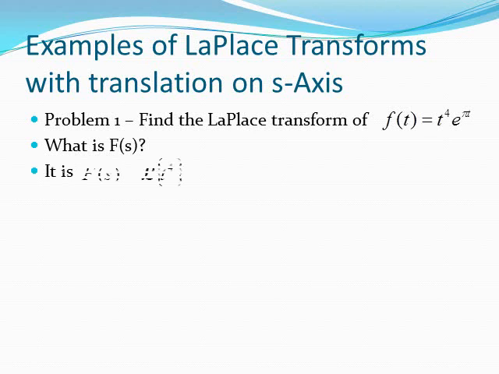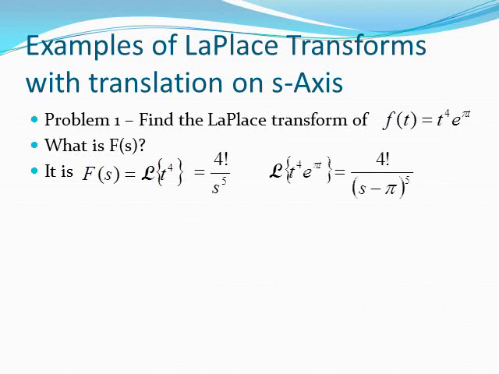In our case, f of s is the Laplace transform of t to the 4th power, which is 4 factorial divided by s to the 5th power. Now that we have that, we can find the Laplace transform of t to the 4th power e to the pi t. In this case, pi is equal to a. So everywhere I see an s in my Laplace transform of t to the 4th power, I replace it with s minus pi. And this gives us the Laplace transform.